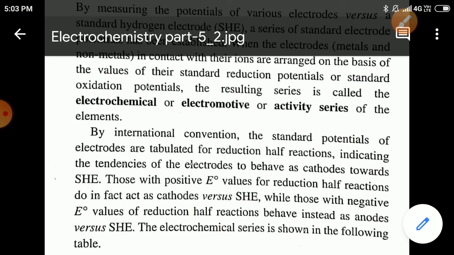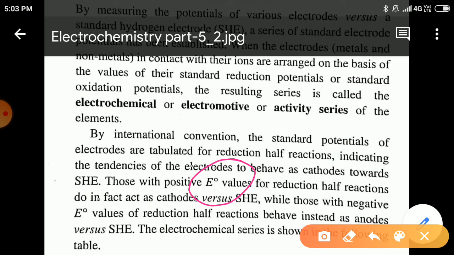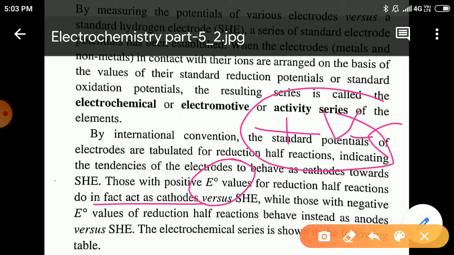Those with positive standard electrode potential values for the reduction half reaction do in fact act as cathode. So if the reduction potential is positive, then generally it works as cathode, and if the reduction potential is negative, it works as anode with respect to the standard hydrogen electrode. As we know, the standard hydrogen electrode has a potential of 0 volt, while those with negative values of reduction half reaction behave as anode. This was already described.